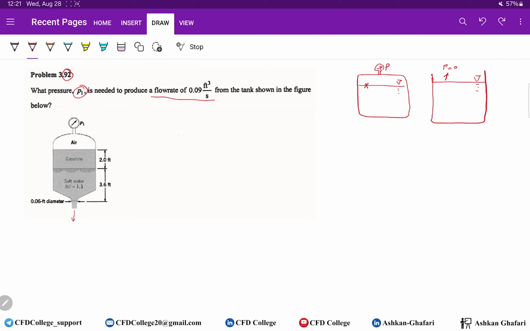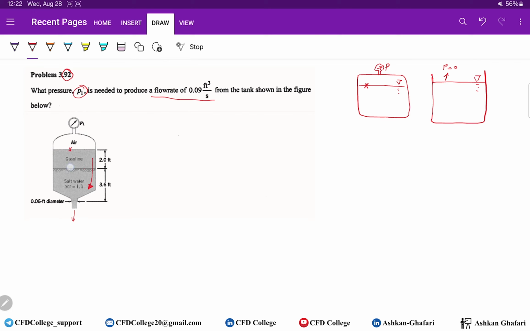Okay, first step is to find key points, and as I mentioned, always follow the flow. So the fluid flows in this direction, so I number the points in this direction. In such cases where you have different fluids, here we have free air, gasoline, and salt water, every interface is a key point.